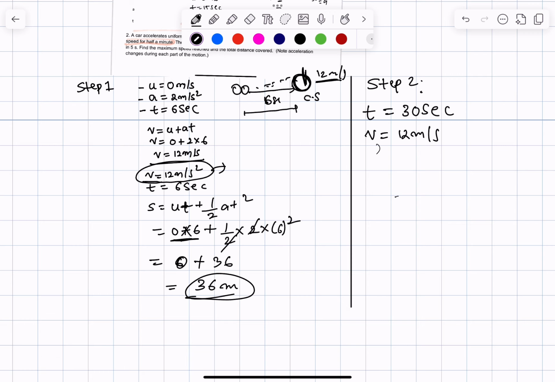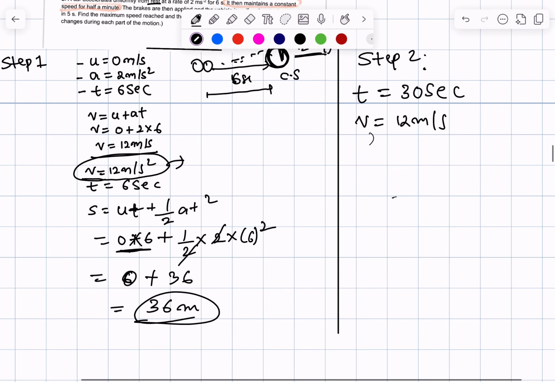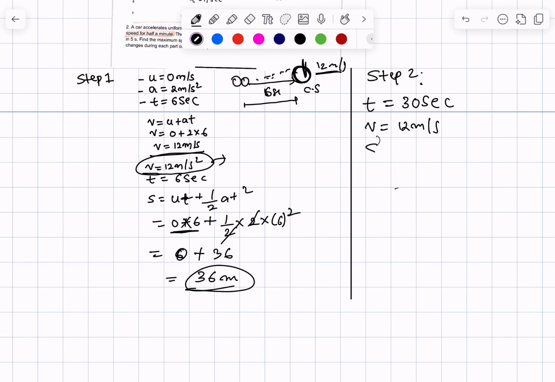And now the body is moving, so we know that the velocity is 12 meter per second. Now they have told us to calculate the displacement here. So simply we use speed is equals to distance upon time, because the body is at constant velocity. Speed is 12, and time is 30. So distance will be 12 into 30.